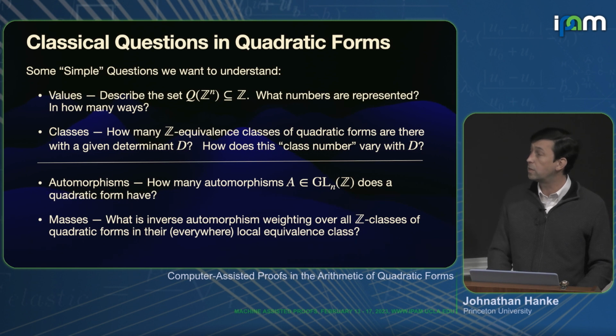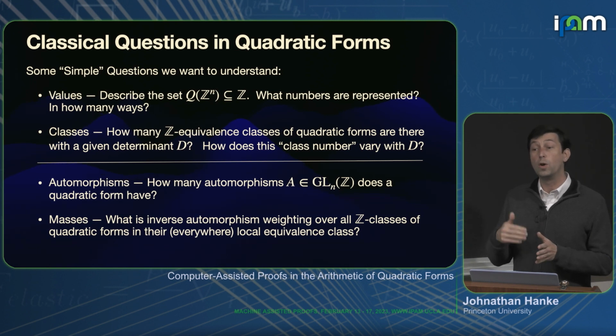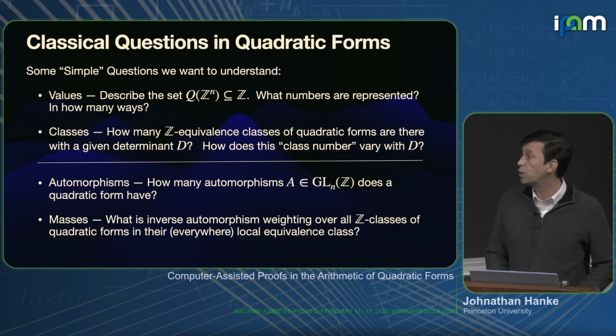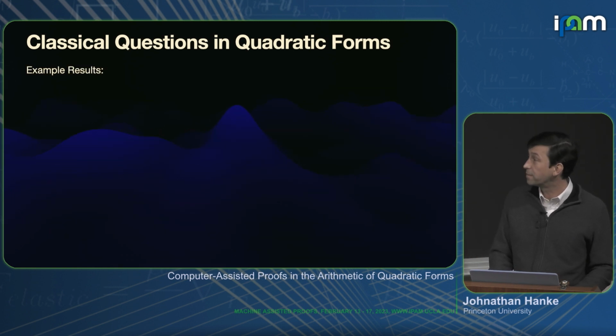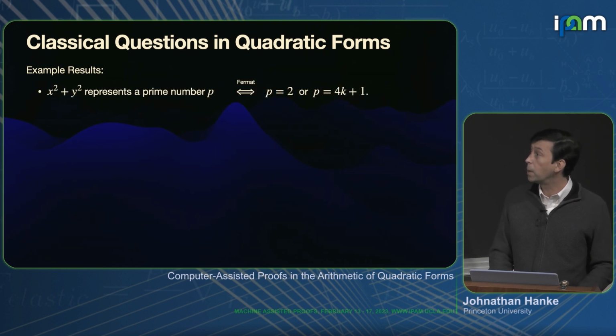And masses is kind of a more formalized notion of automorphisms. This is where you try to understand quadratic forms weighted by 1 over the number of automorphisms, which is kind of a natural thing for many reasons. And so when we think about the classical questions for quadratic forms, just to set the stage, I want to understand values in classes and automorphisms in masses. Okay. Cool. So what kind of things would we be interested in doing?